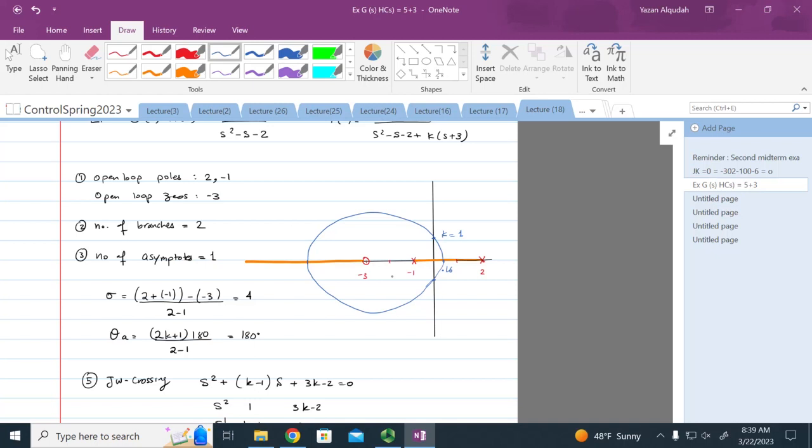Make sense? So when k is equal to 1.5, what do you think the response of the system is going to look like? Underdamped. Excellent. As we keep increasing k, eventually it goes back to being overdamped. Is that clear?